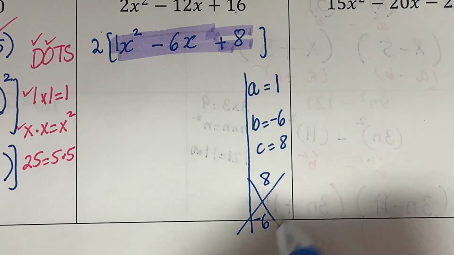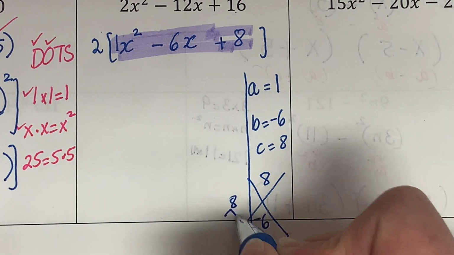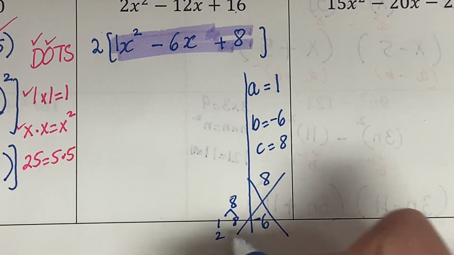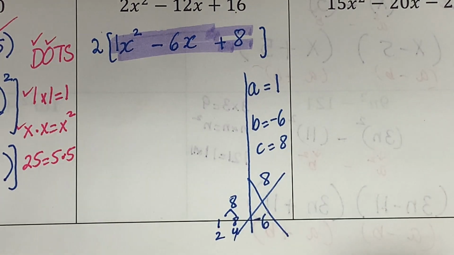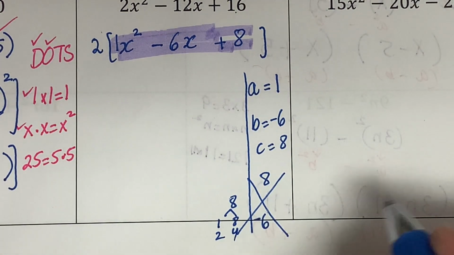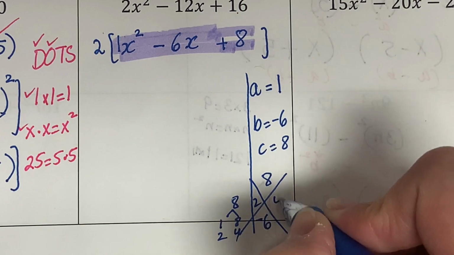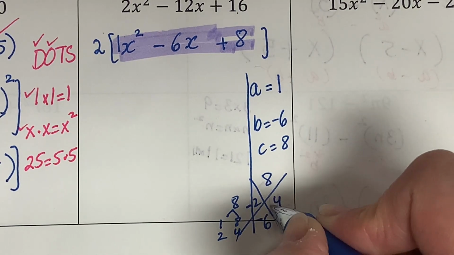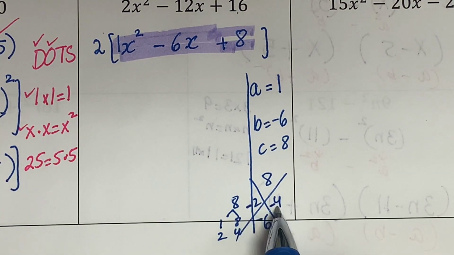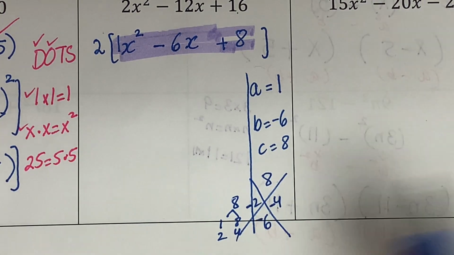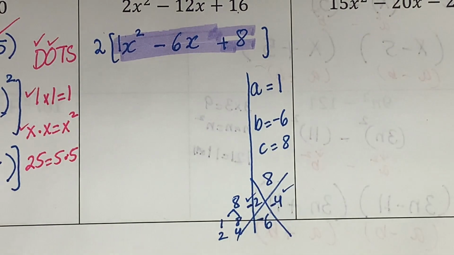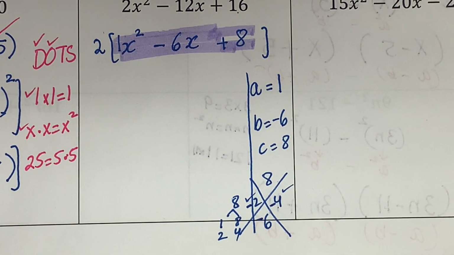Let's check for factors. I need 8, 1 times 8, 2 times 4. And looks like I have the pair. It should be 2 times 4, and it should be both negative. Minus 2 multiplied by minus 4 is a positive 8. Minus 2 minus 4 is a minus 6. So yes, these are my two factors.